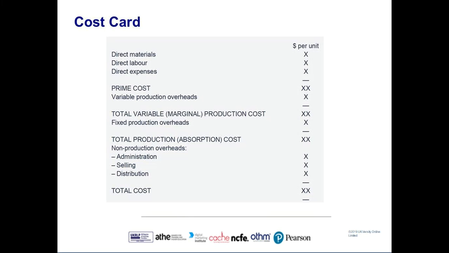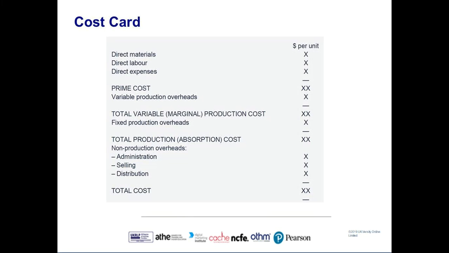Variable production overheads are the costs which change with the level of output. Overheads are those not directly involved, like marketing, like admin. These are indirect costs for the business, like accountant fees we pay at the end of the year. These are the overhead costs.